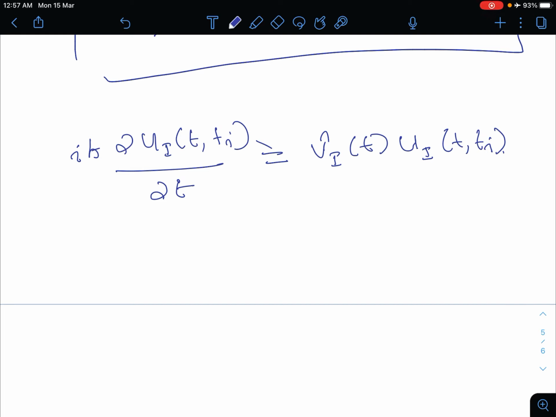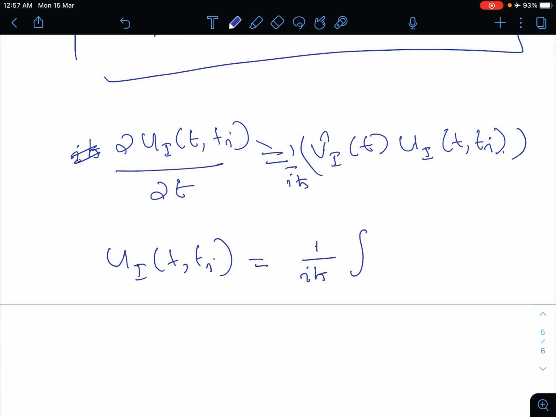So I am taking the 1 by i h cross to the right hand side. So on integration, what you will get here, UI of t, ti, is equal to 1 by i h cross integral from ti, the initial time, to t, VI of t.